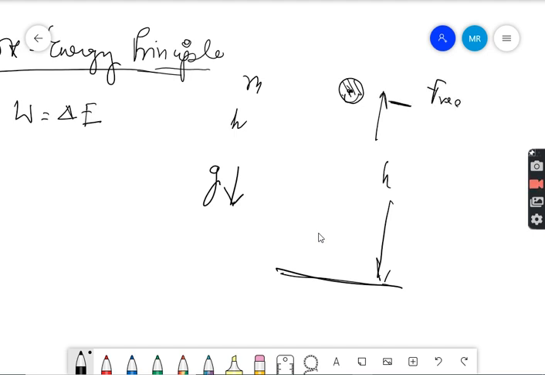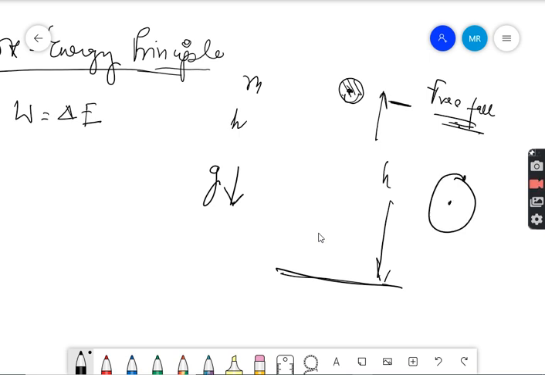What is free fall? Free fall is the motion under gravity, vertical motion, where the body experiences motion due to gravity and falls downward towards the ground.